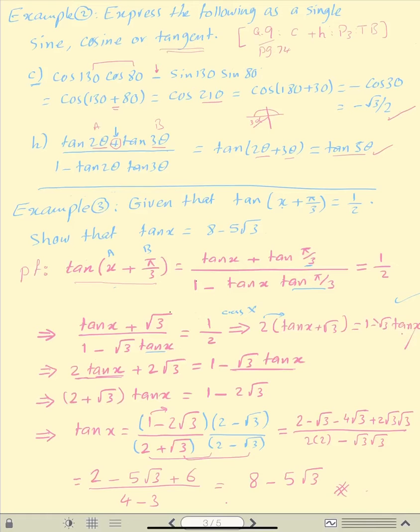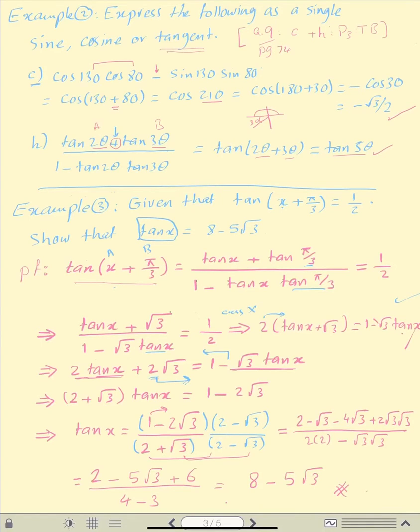What does the question want? This is the most important. He wants tan x, the subject. So we collect the terms that have tan x. So 2 tan x plus radical 3 tan x, it will give 2 plus radical 3 times tan x, is equal to 1 minus 2 radical 3.